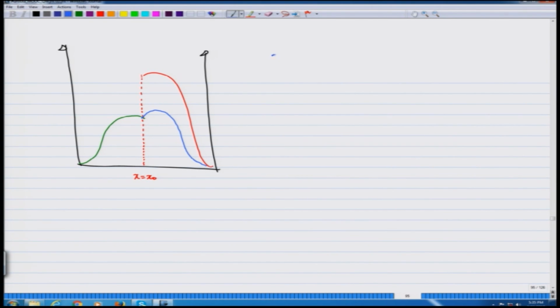So, I can write psi right at x as psi right at x times psi left at x 0 divided by psi right at x 0. This will make the match. So, this will make the curve to be this blue one, right. So, let me write this new.